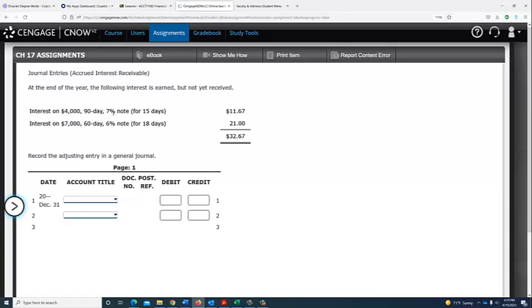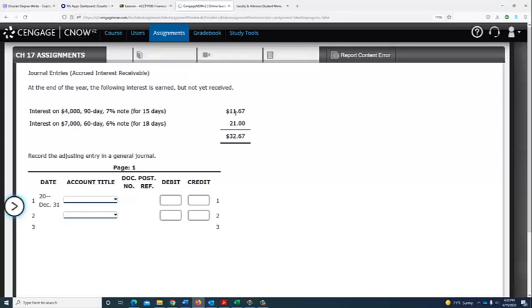It's at 7%, and interest has added up for 15 days. Okay, and they've already calculated the amount here, but we'll just calculate it again to check their figure and to get some practice. So 4,000 times 7% times 15 divided by 360.